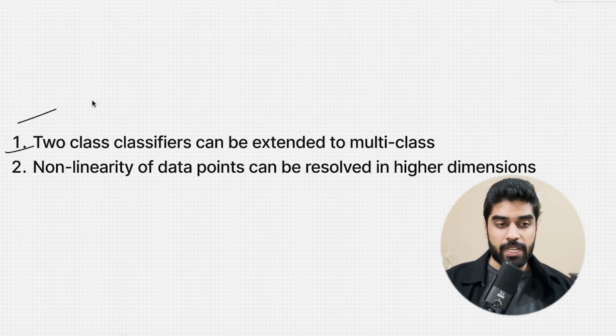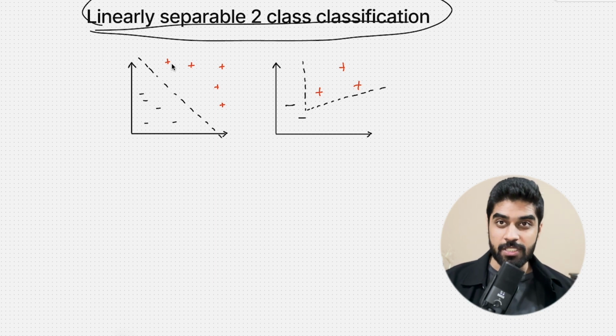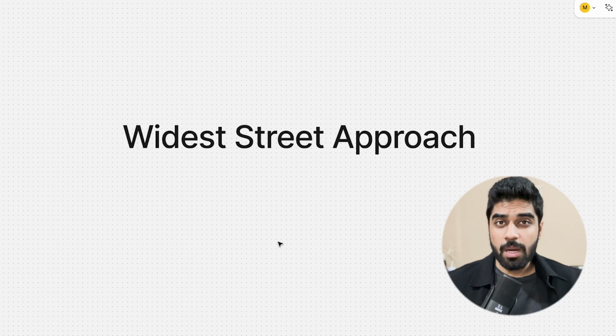And that's the key point here. So let's focus on solving this first example that we had, which is linearly separable two-class classification. The beauty of SVM comes from the fact that with the support vectors, we not only aim to find the best hyperplane, but also the widest possible margin separating those two classes.